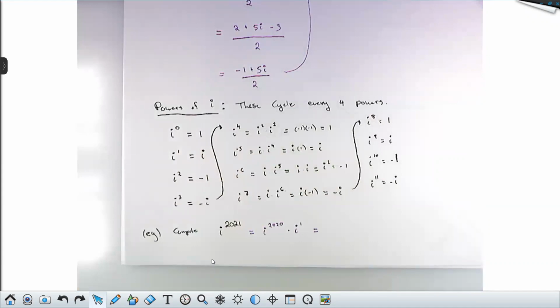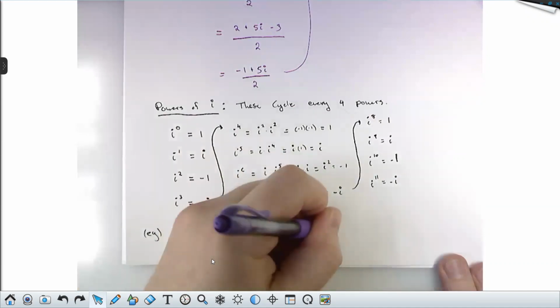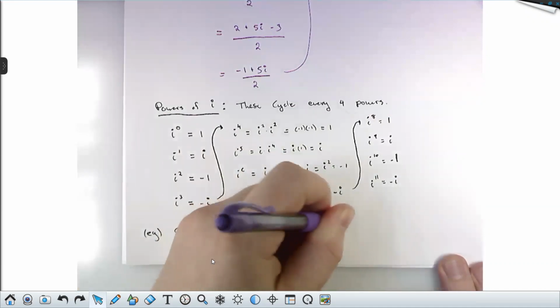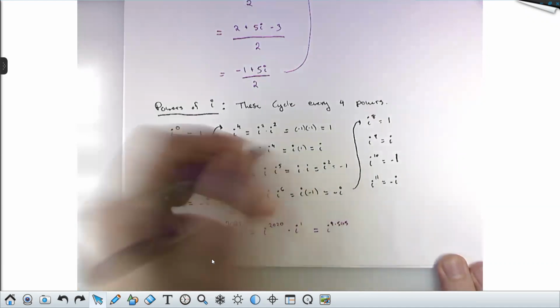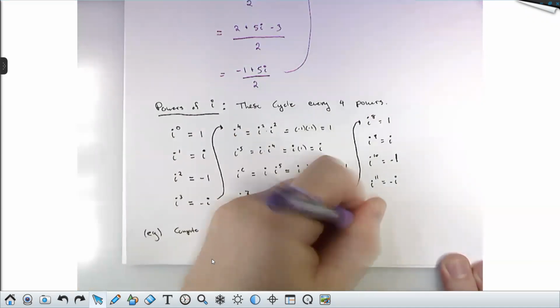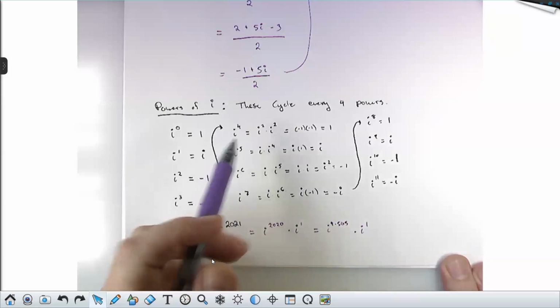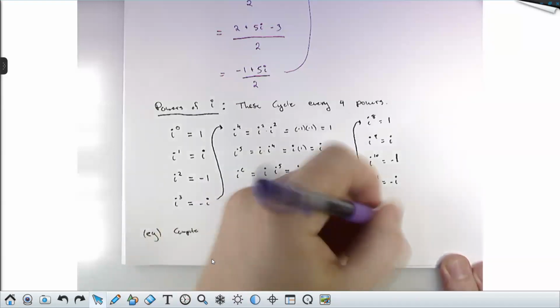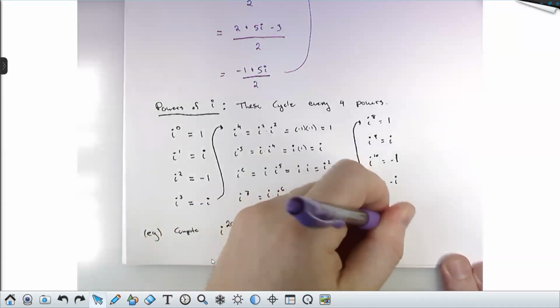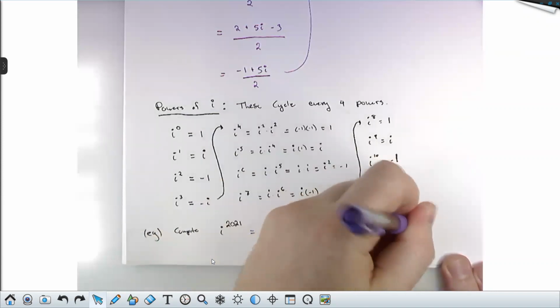It is 4 times 505. Yeah. So this first piece here, the I to the 4 times 505, has an I to the 4 in it, which means it's 1. So this is 1 times I to the 1, or just I.